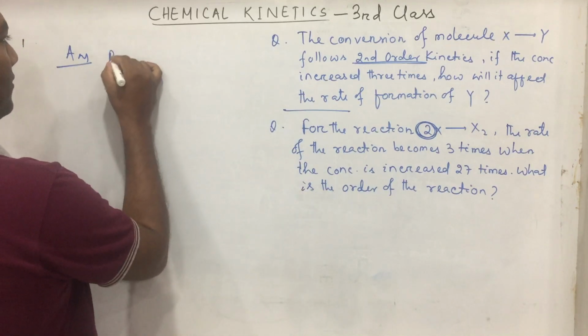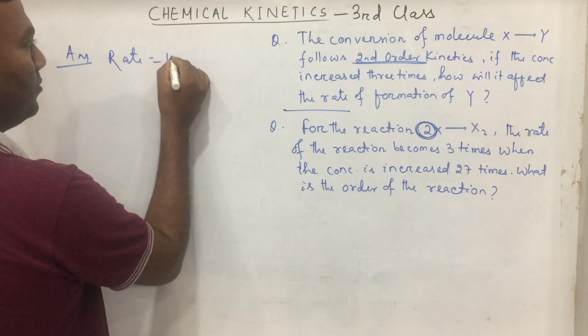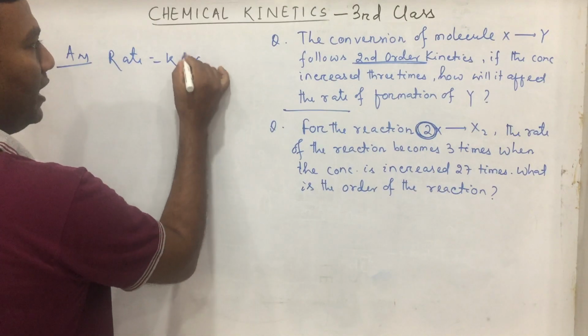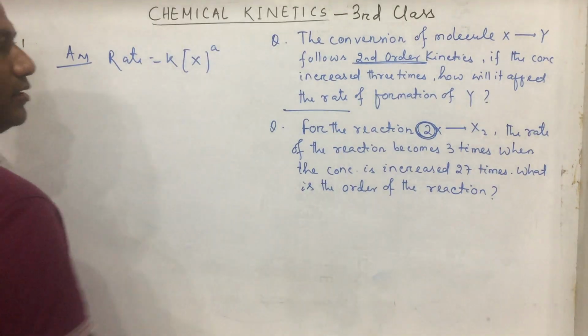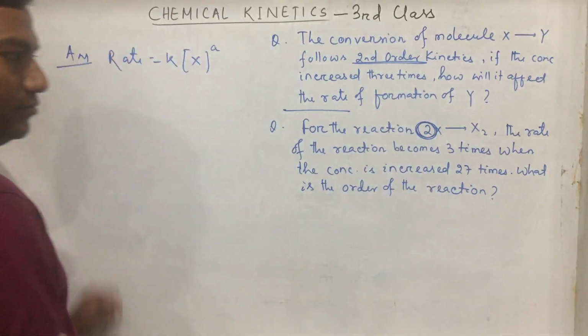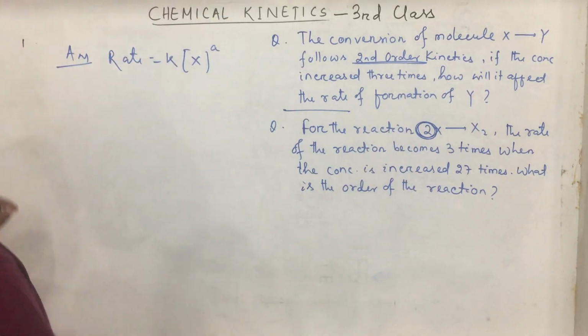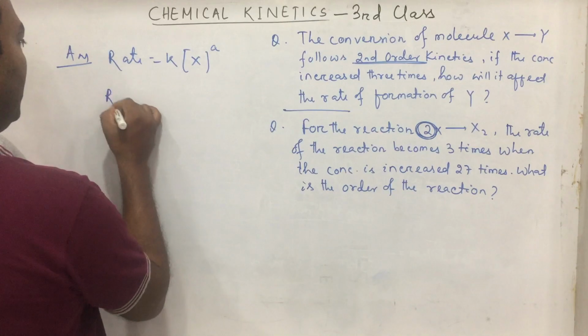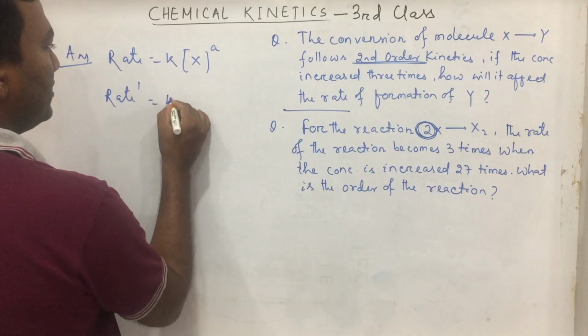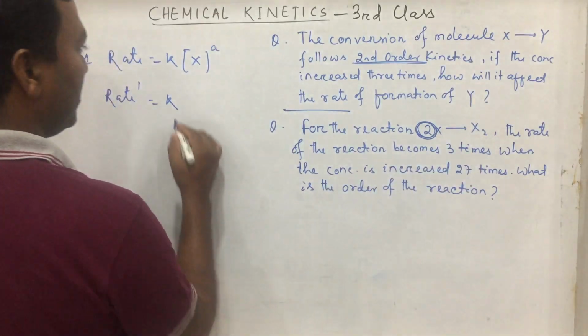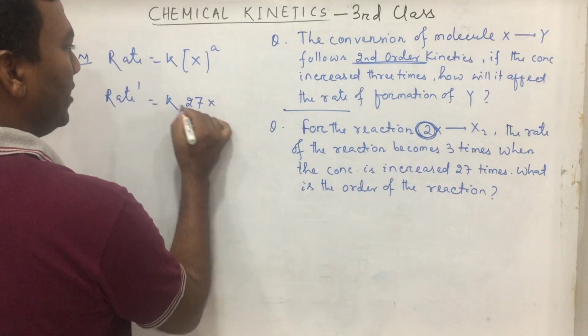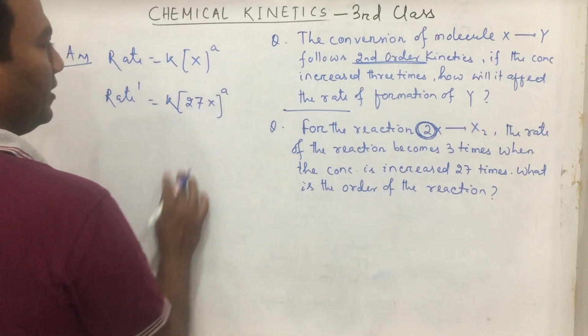Here rate equals k into x to the power a. We don't know the value of a, so we will never put a 2. Clear? Then next, rate dash is k into 27x to the power a, when the concentration increases 27 times.